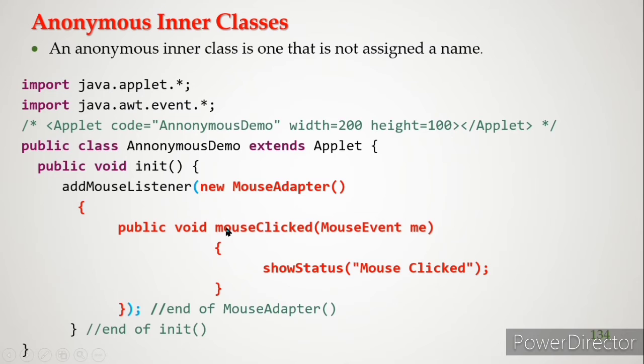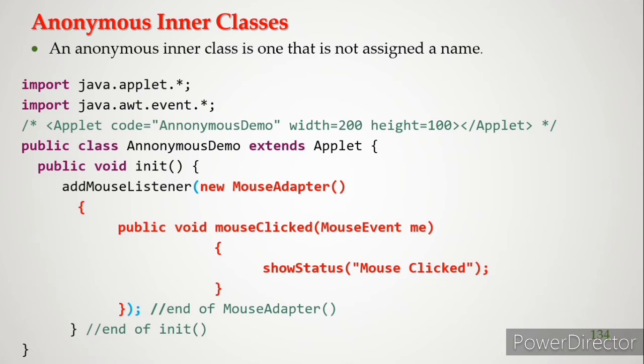The syntax is new MouseAdapter, from this brace to this brace. It indicates to the compiler that the code between these braces defines an anonymous inner class and it extends the MouseAdapter class.